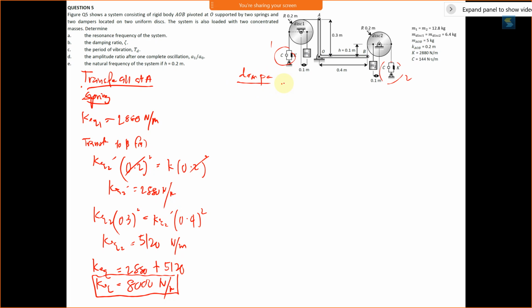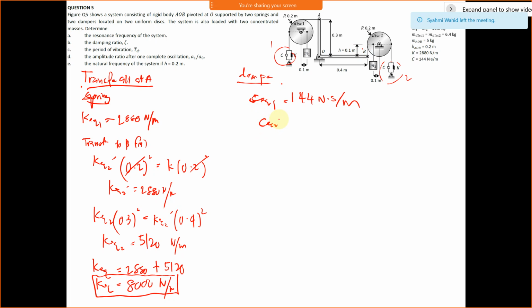Next adalah C equivalent 1 equals to, sama kan, 144 Newton second per meter. And how about C equivalent to? Sama juga, transfer C dekat sini first.